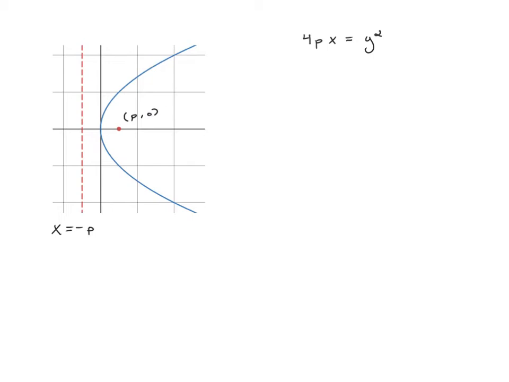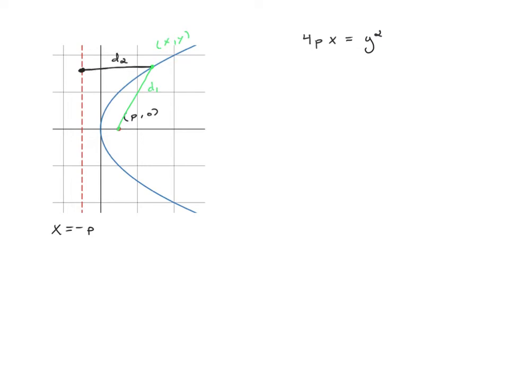The idea is, if you draw a line that goes from here, the focus, to let's say this point, which I'll call x comma y, I'll call that distance d1. By definition, it must be equal to the distance from the directrix to this point, and I'll call that d2.